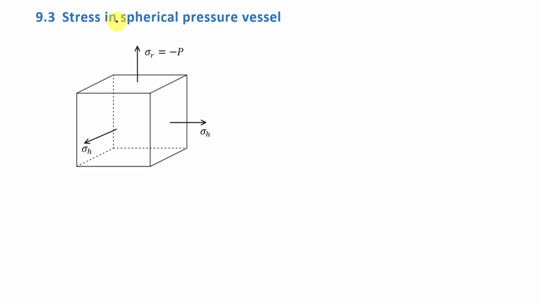Now we are going to understand stress in spherical pressure vessel. Now we understand that in the case of cylindrical pressure vessel, we have three stresses, sigma L, sigma H and sigma R. And for thin cylindrical pressure vessel, it is negligible. Fine. Now in the case of spherical pressure vessel, we have pressure vessel having shape of sphere.